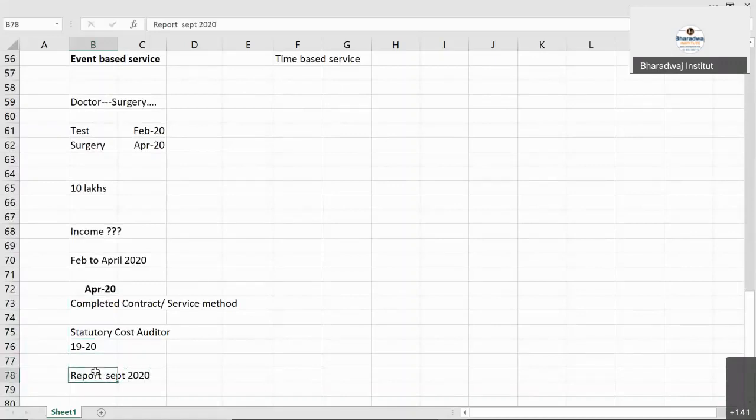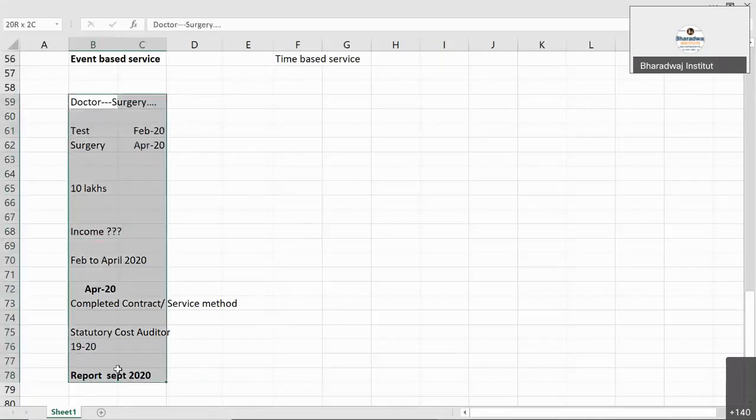Now, can the audit fees be recognized during 2019-20 or when you give the report? You're not doing concurrent audit or internal audit; you're a statutory auditor, verifying the cost records and giving the certification. When can you recognize income? September 2020. Exactly. When the event is complete, you can recognize the income.